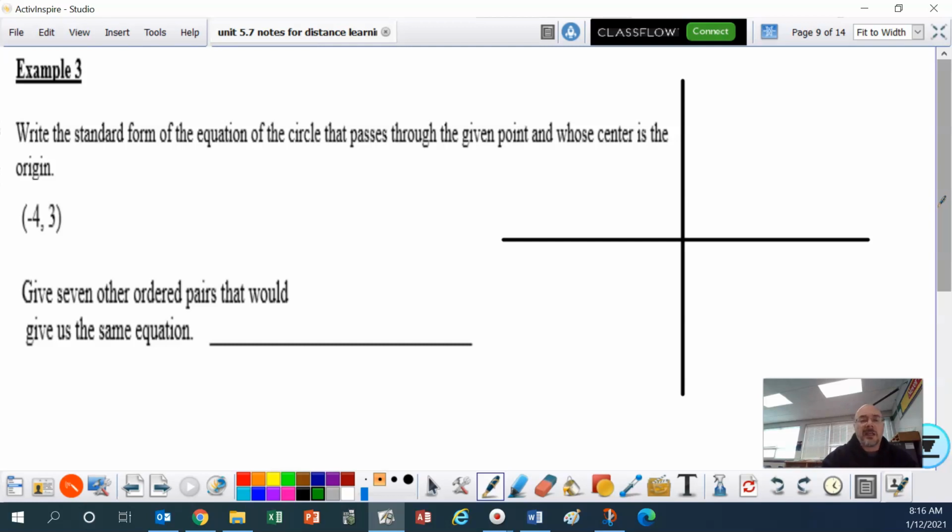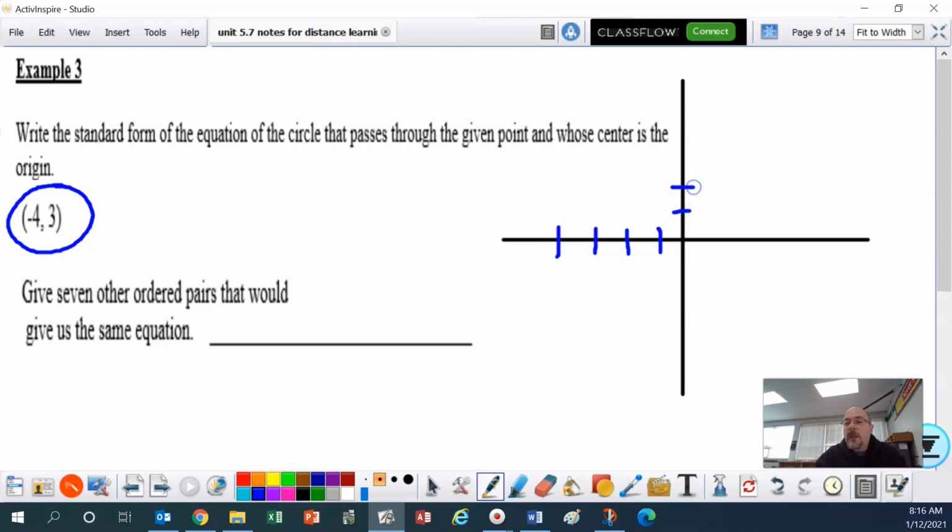What this is saying, folks, is that this -4, 3 is on the circle. -4, 3 would be left 4 and up 3, so right about there. It's saying that point is on the circle.